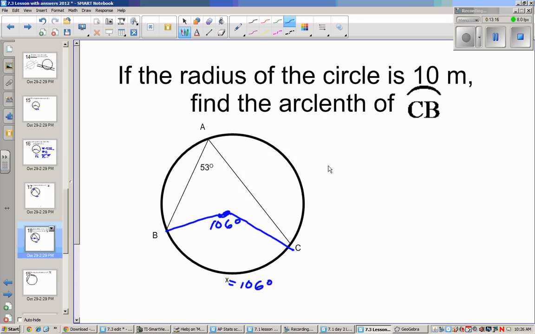To set this up, I know that my radius here is 10 meters. So I'm going to do 106 over 360 equals my arc length, which I don't know, over my circumference, and since my radius is 10, my circumference is 20 pi.